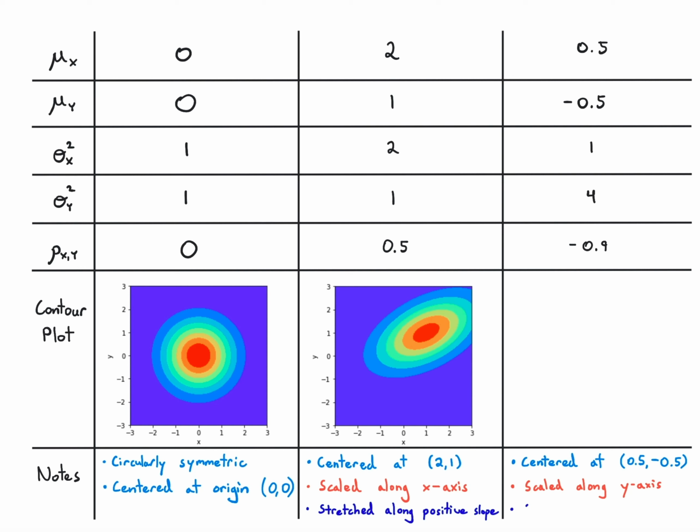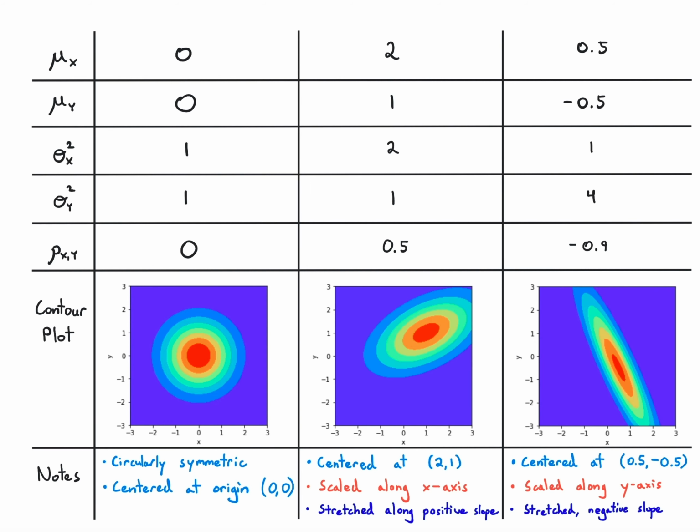And I have a very negative correlation coefficient, so it's going to be quite stretched with negative slope. And let's see if we get something like that. So indeed, we get something that is centered at 0.5 and minus 0.5, and it is well approximated by a line.